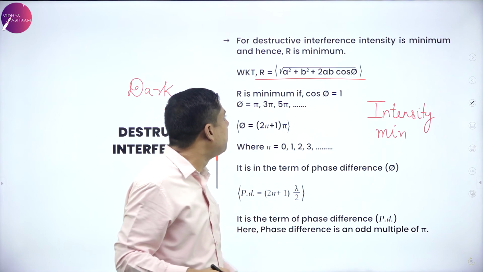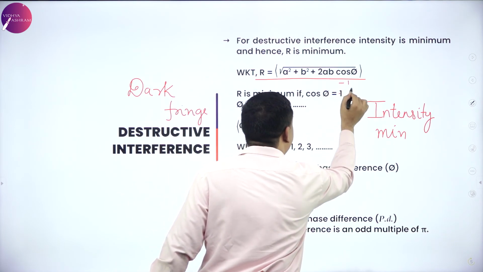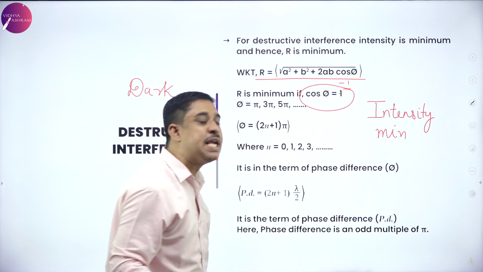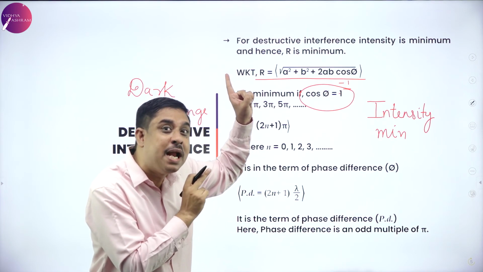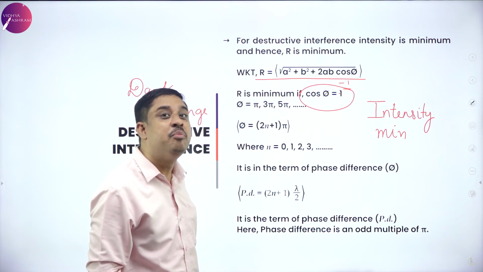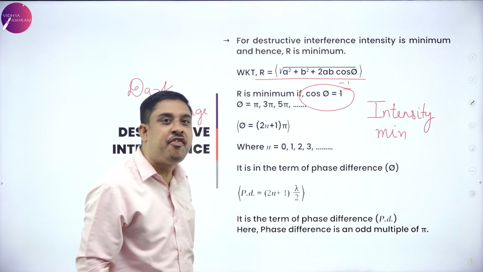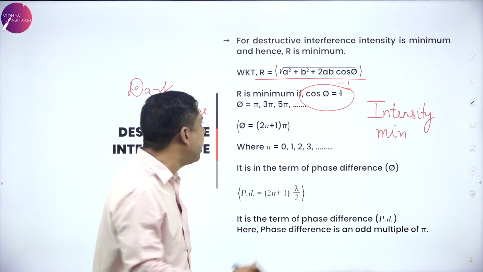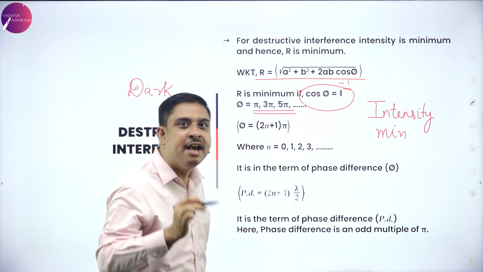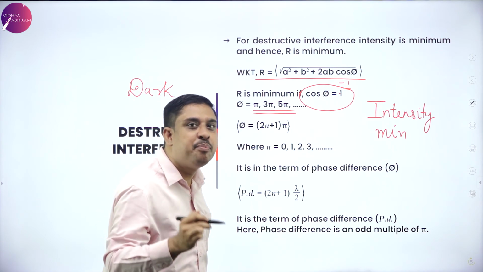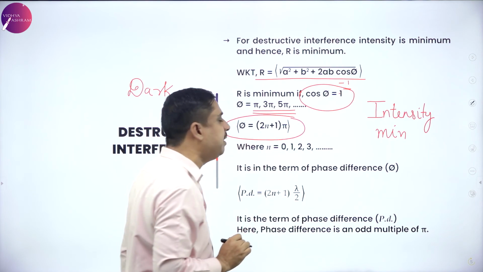R has to be minimum, which means cos phi has to be -1. The maximum value of cos phi is +1, the minimum is -1. So for what values of phi will cos phi take up -1? Pi, 3 pi, 5 pi, 7 pi, etc., which is 2n plus 1 times pi.